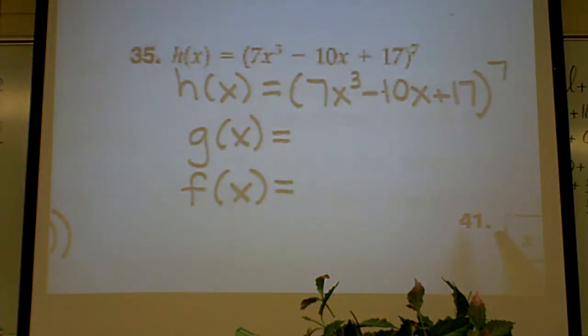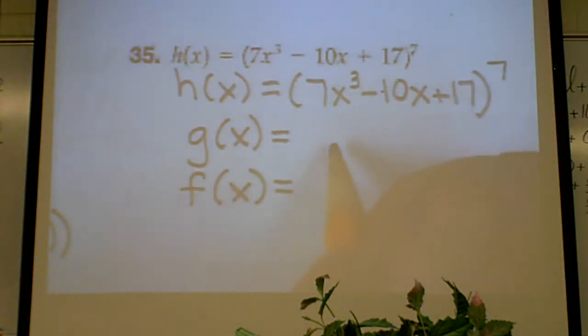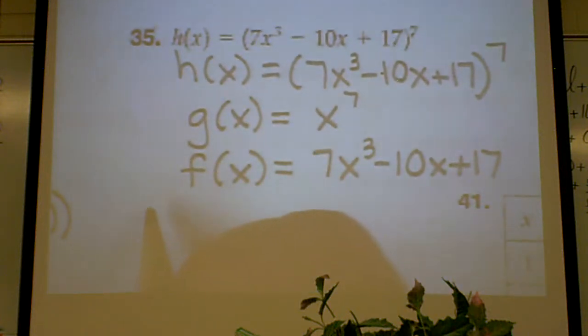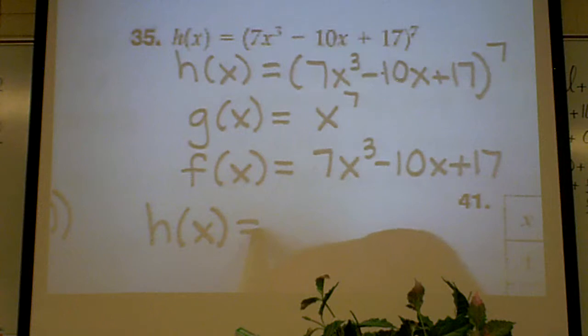What do you want to name g of x? X to the 7th power. Okay? What do you want to name f of x? 7x cubed minus 2x plus 17. Good job. And now, what would you call h of x? Is it f of g of x or g of f of x?